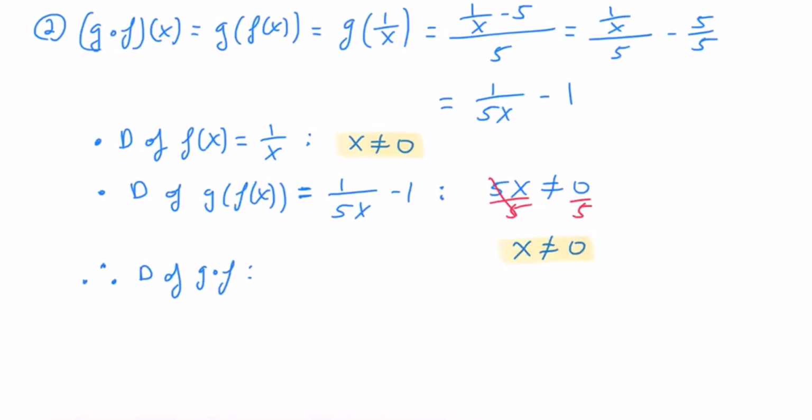So that means the final domain is x cannot equal 0. So we have the 0 there. x cannot equal 0, so there's a hole. So we have negative infinity up to 0, union 0 to infinity.